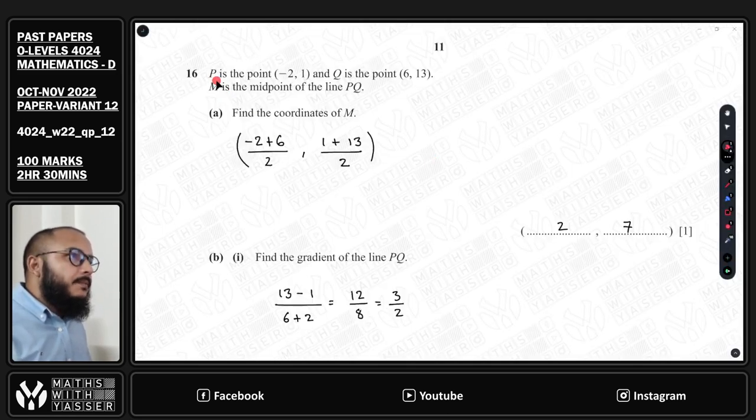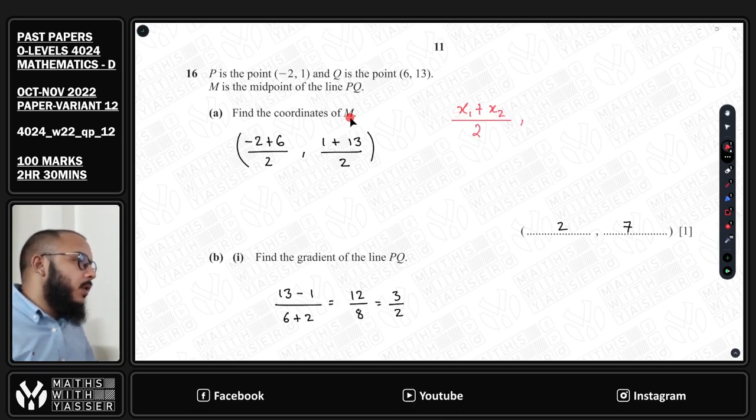Question number 16. It says P is the point (-2, 1) and Q is the point (6, 13). M is the midpoint of the line PQ. Find the coordinates of M. Over here I'm using the formula (x1 plus x2 over 2, y1 plus y2 over 2). That will give me (-2 plus 6 over 2, 1 plus 13 over 2), which is (2, 7).